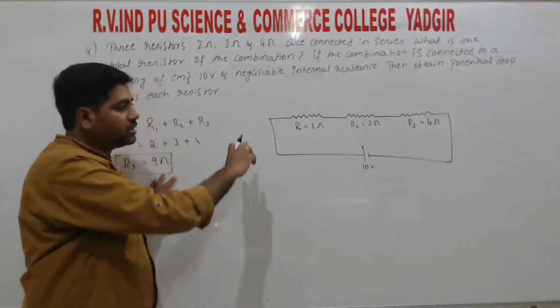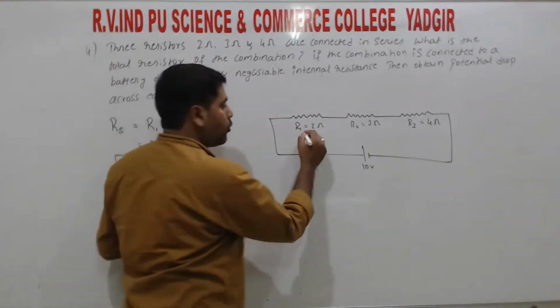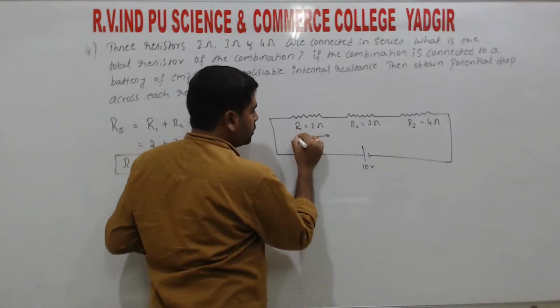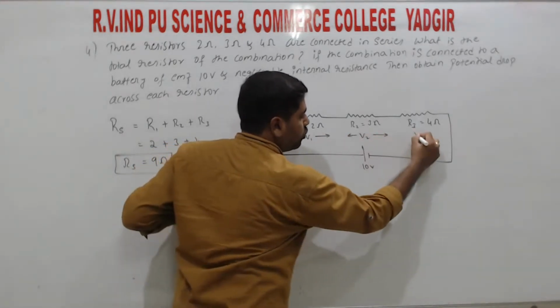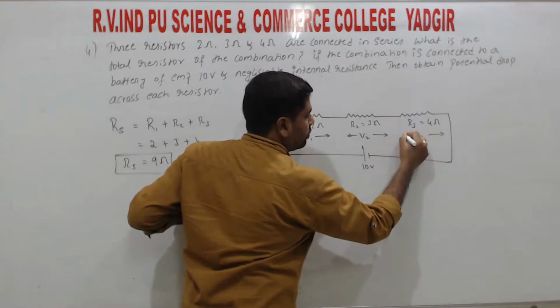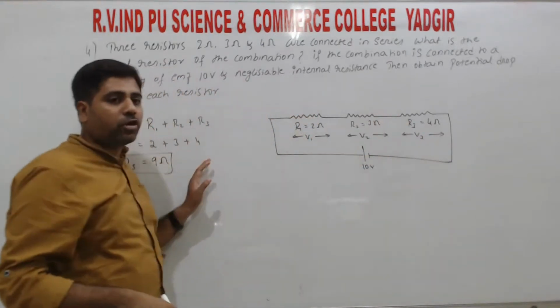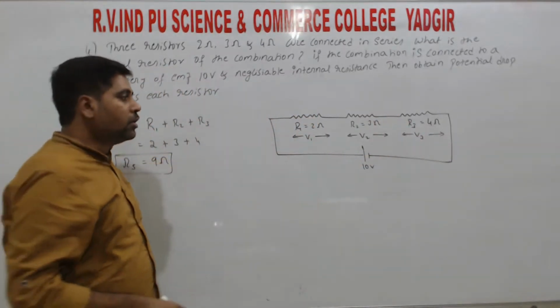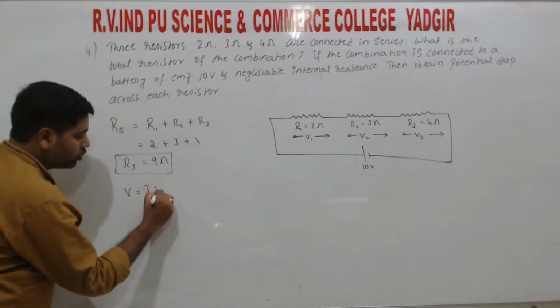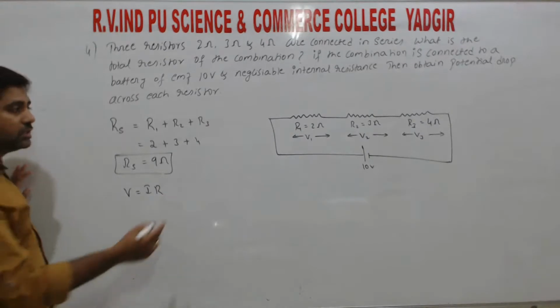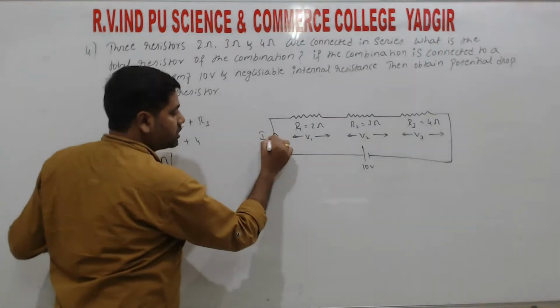So when the three resistances are connected in series, the potential drop across the three resistances is V1, V2 and V3. When they are in series, the voltage gets divided. We know the formula from Ohm's law, V is equal to IR. In series the current remains the same.